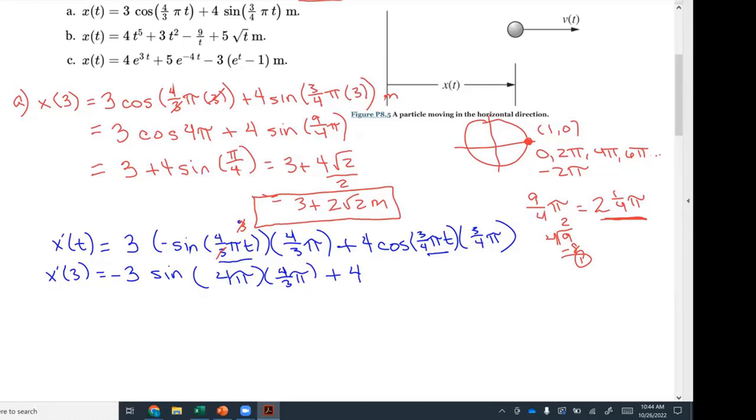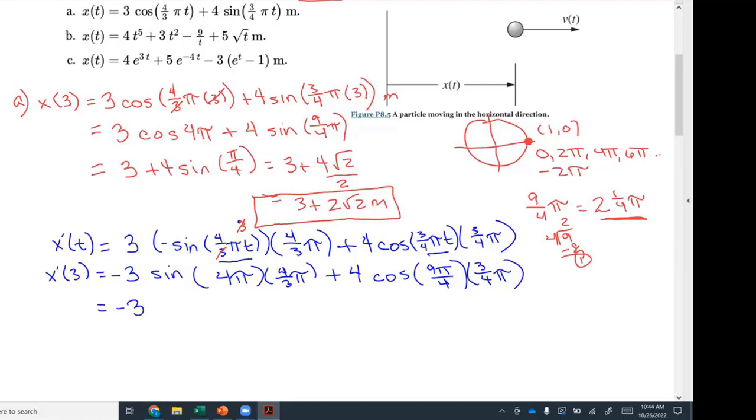And then we have the cosine of, if we plug in 3 for t, we get 9 pi over 4 times 3/4 pi. Okay, and I think I got rid of all my t's. I did.